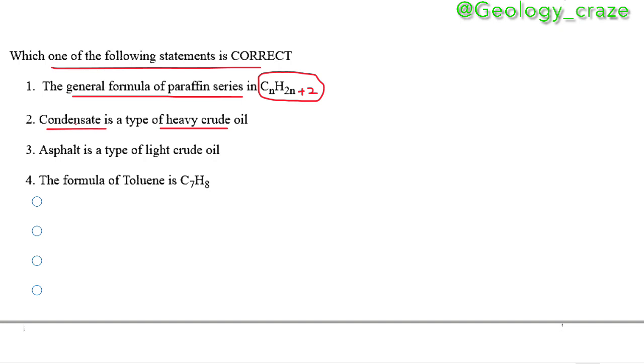Next, condensate is a type of heavy crude oil. Actually, condensate is not for heavy crude, it is for light crude oil. And this paraffin series is saturated hydrocarbons, and it is a major constituent of natural gas as well as petroleum.